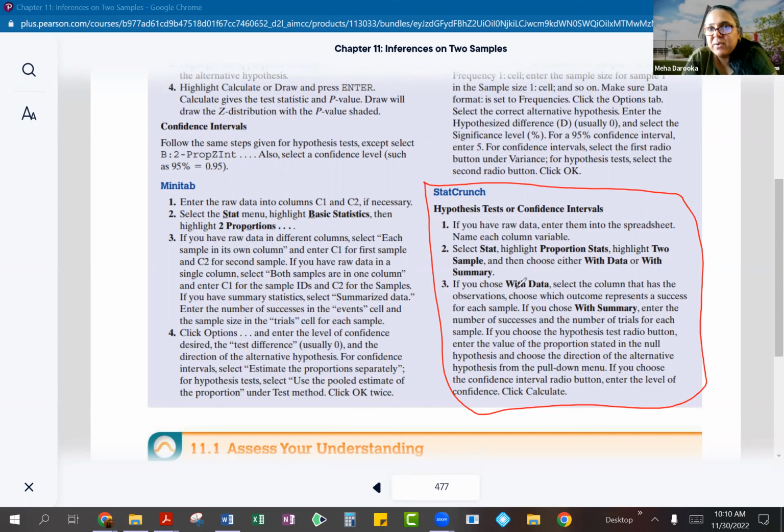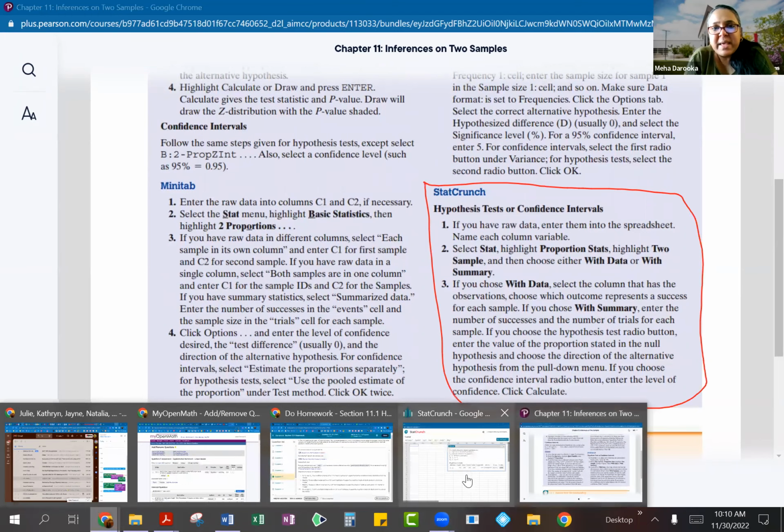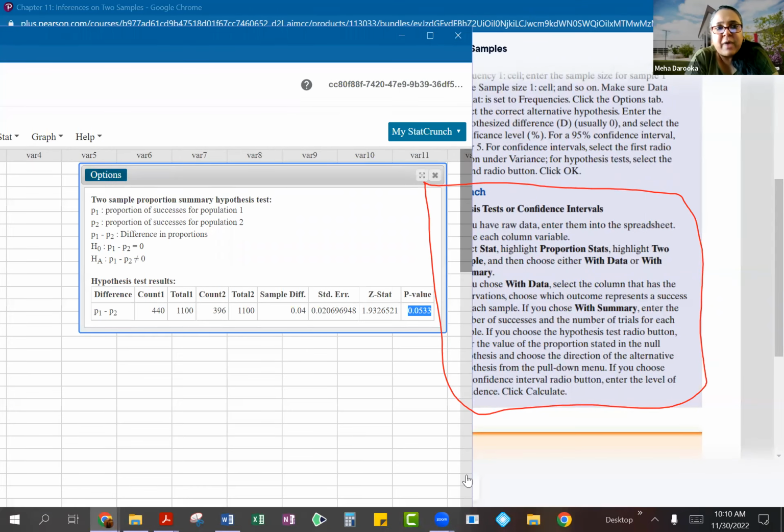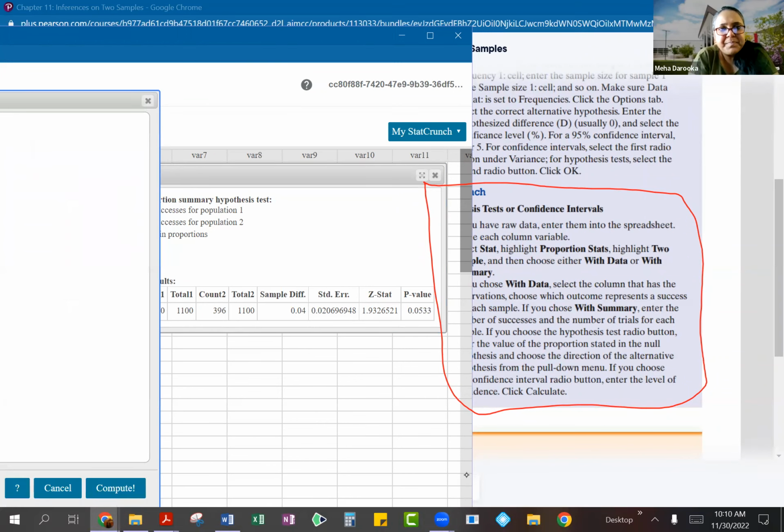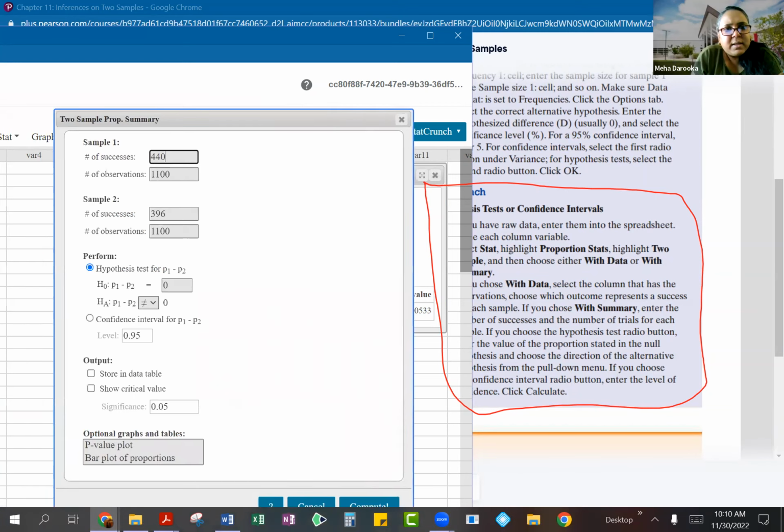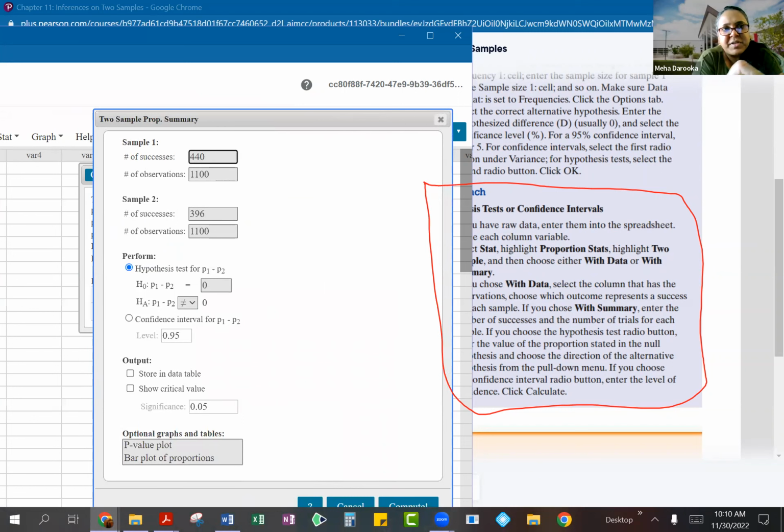And you can see when we did StatCrunch, it literally was just putting those 4 numbers in for the 2 samples we had initially, making sure we had the right hypotheses set out, and making sure that if you're doing hypothesis testing, this is set up correctly.